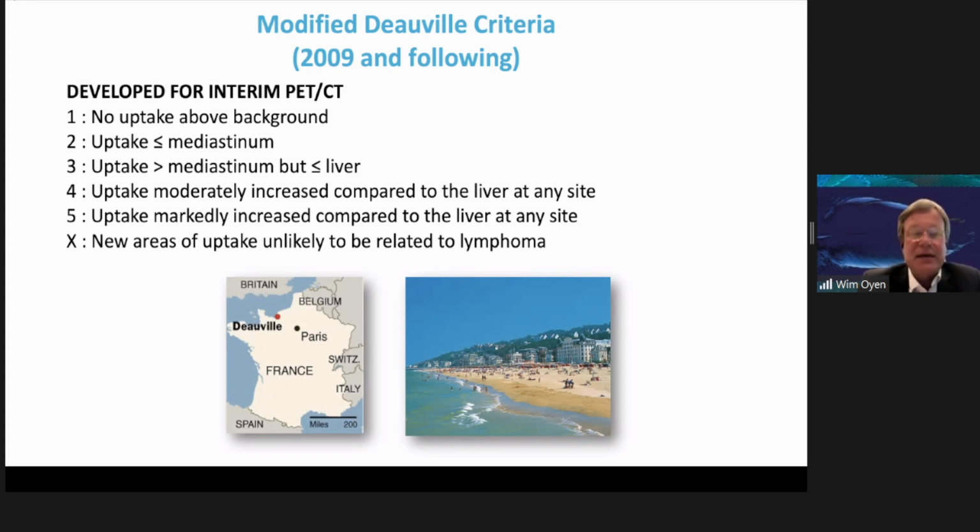And for reasons of simplicity and reproducibility, it was thought that rather than coming up with complicated quantitative scaling, using an internal reference of the FDG uptake in the background, the mediastinum, and the liver could be helpful in assessing response of lymphoma to treatment.